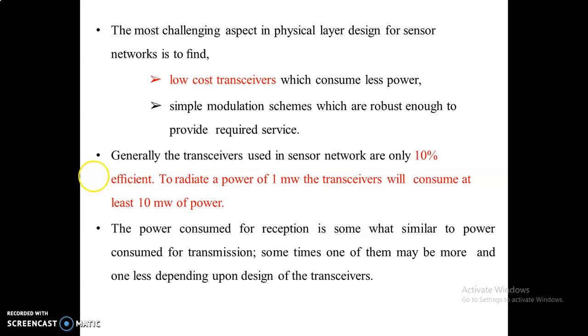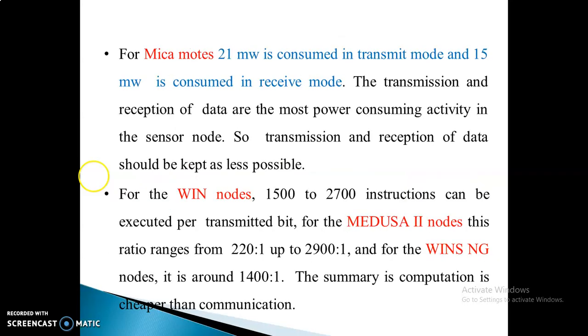The power consumed for reception is somewhat similar to the power consumed for transmission, and sometimes it may be more or less, depending on the design of the transceiver used in the sensor network module. So whether for transmission or reception, the power consumption is related to the design of the transceiver.